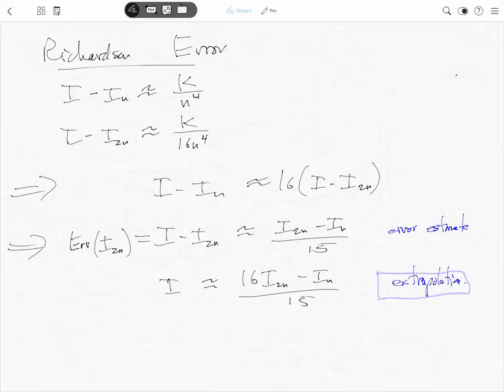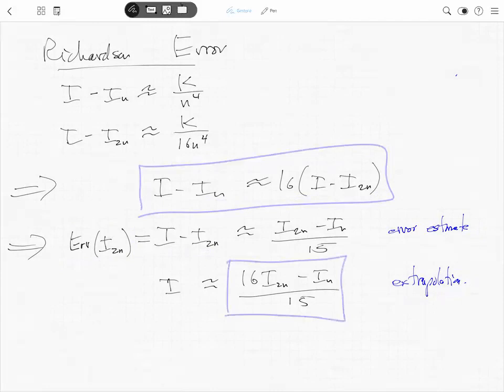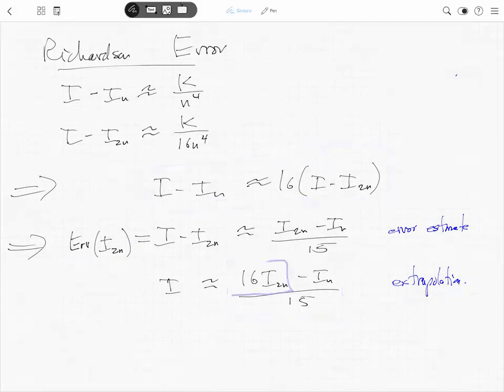We can just solve this equation for I, and we get the estimate that the correct value of I is equal to the approximation we got when we used 2n subdivisions, weighted 16 times, minus the previous estimate when we only used n subdivisions. We're weighting this 16 times and this minus 1 time, so the total weight is 15. We divide by 15 to get the weighted average of the two estimates. And that's Richardson's extrapolation for Simpson's rule.